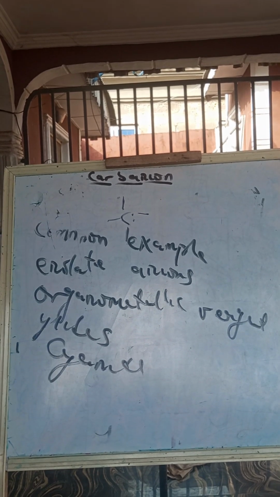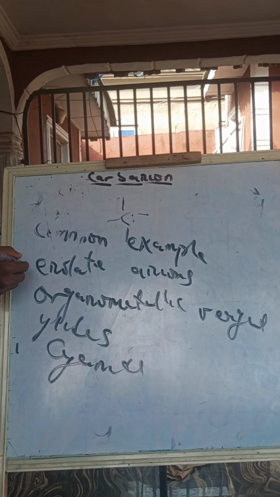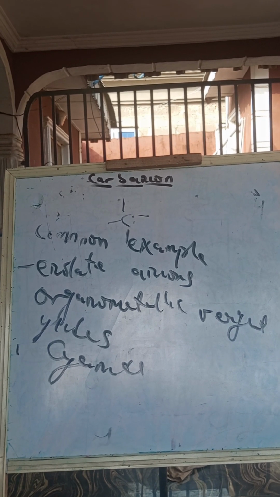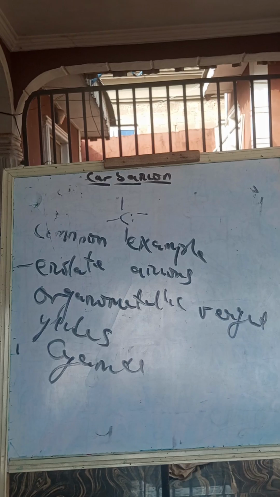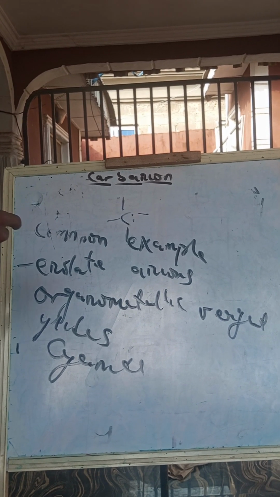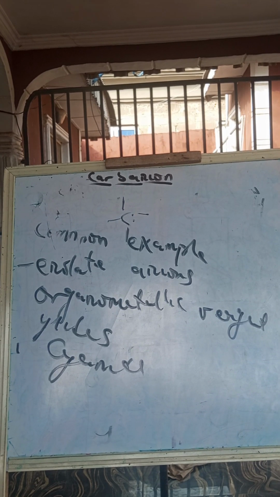Those are some of the most common examples of carbanions. Furthermore, in our class we will discuss the enolate anions, organometallic reagents, halides and cyanides, which are some of the most common carbanions we can find, that we can easily emphasize on.